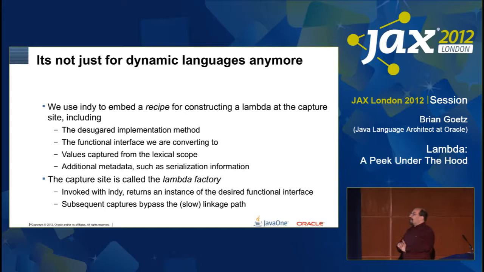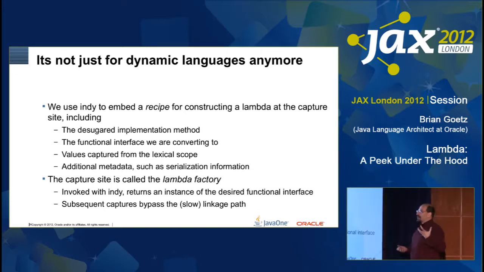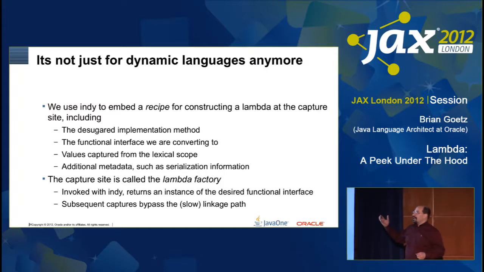So we embed this recipe for constructing a Lambda at the site where we have to capture a Lambda, in the generated bytecode. Okay, so that recipe includes desugaring the Lambda to a method, and we pass to the bootstrap a method handle for the behavior. You know, when someone invokes this lambda, go call that method.